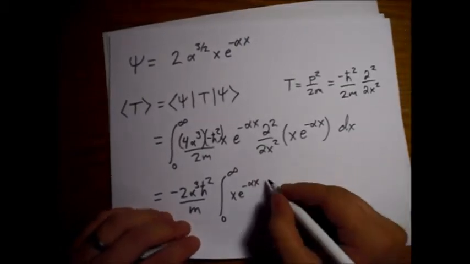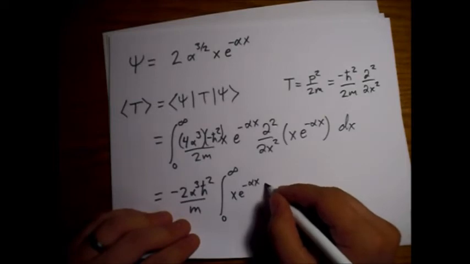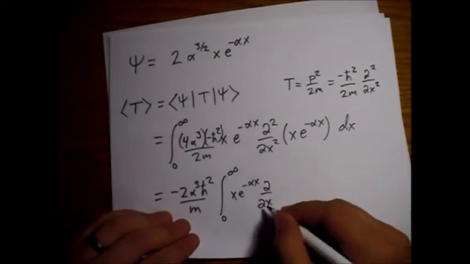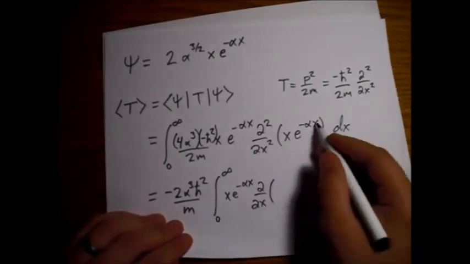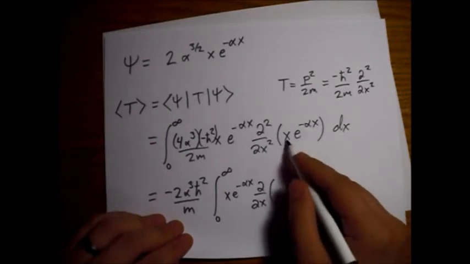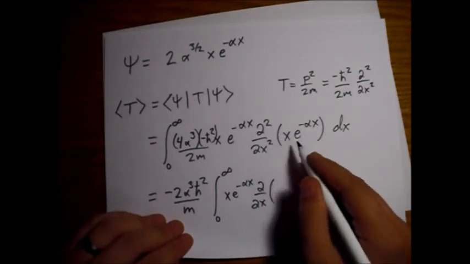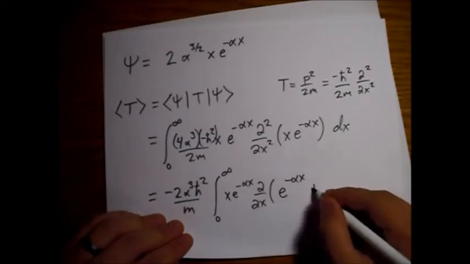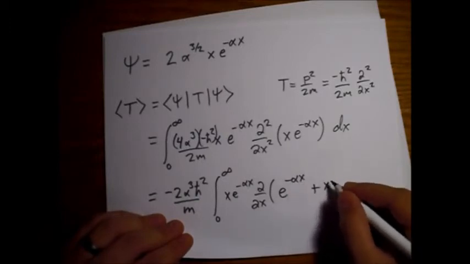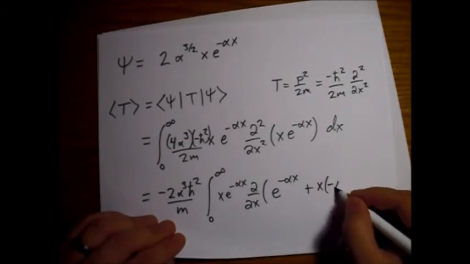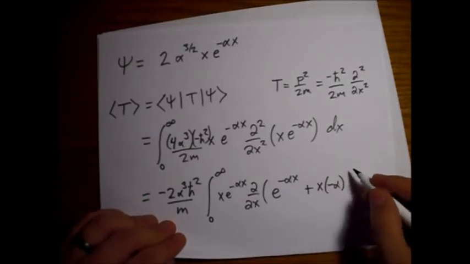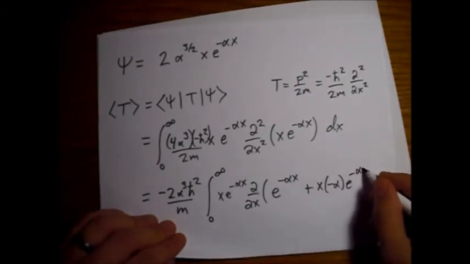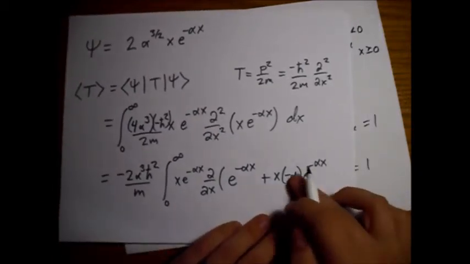All right, let's do these derivatives one at a time. Taking the derivative, we've got the first part, so we just get e to the minus alpha x plus x, and then a minus alpha here, e to the minus alpha x. Okay, so just the product rule.